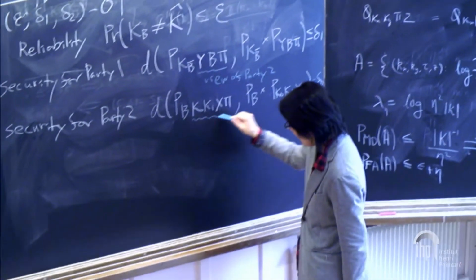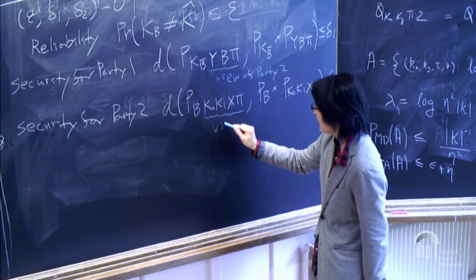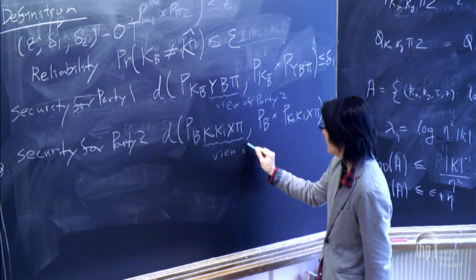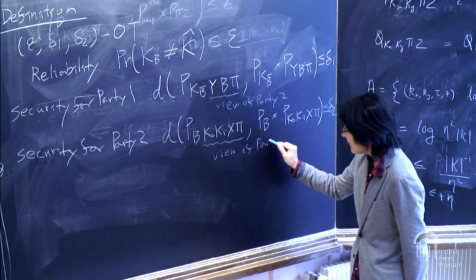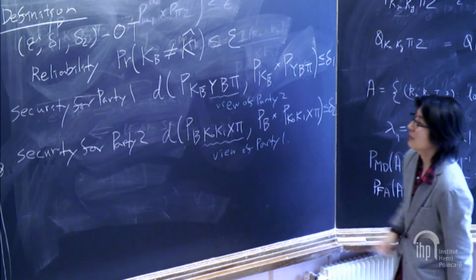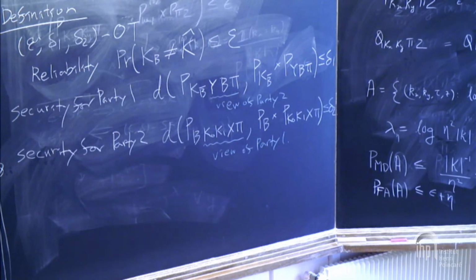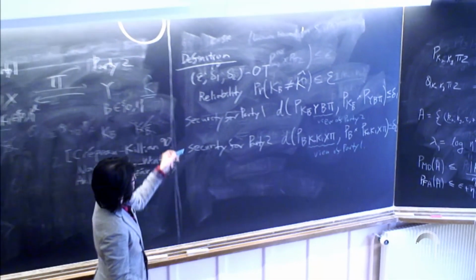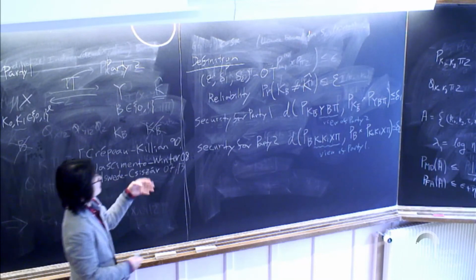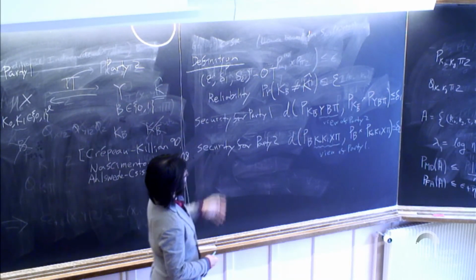This is the view of party 1. If the protocol satisfies these three conditions, we say that the protocol realizes epsilon, delta 1, delta 2 oblivious transfer.